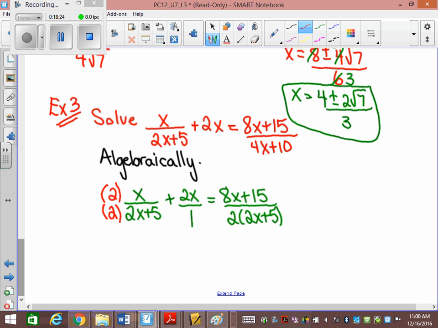Anything with a 1 is missing everything. So I'm going to have to multiply this by 2 and 2x plus 5. And this side's good. It has everything. So if you don't spot that, take the 2 out deal, it's a way uglier thing. You're going to get a trinomial in there. It's not going to be fun.